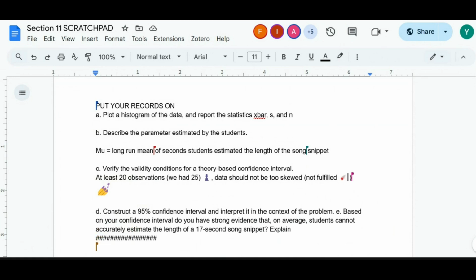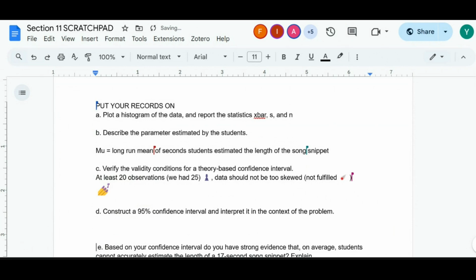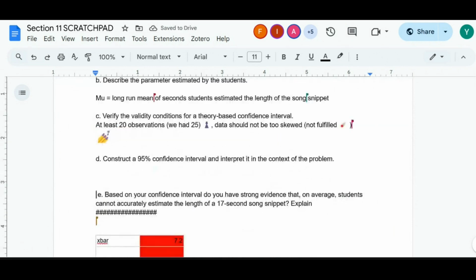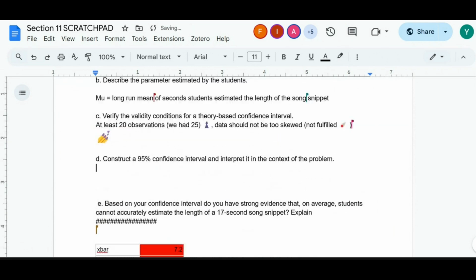Okay. Construct. Okay, let's finish this and then be done. Construct a 95% CI and interpret. Okay. So what is the generic X bar? And you can finish it. Okay, let's do generic first because this is quite new. Let's see if we can write generic first. X bar plus or minus multiplier times the standard error expression.